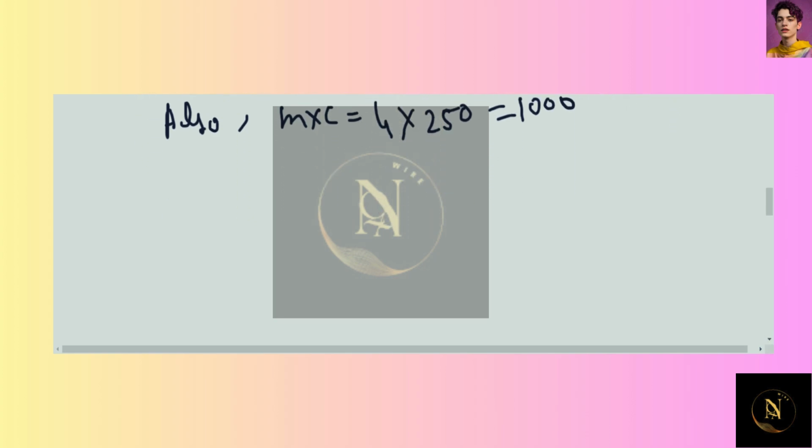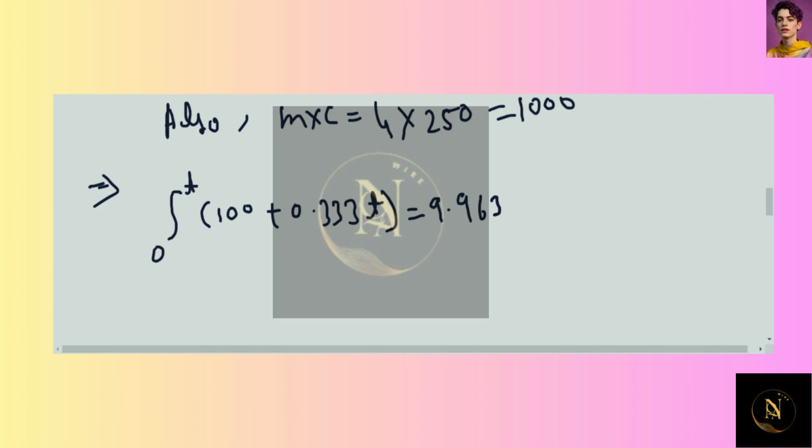Thus we have now the integral from 0 to t of 100 plus 0.333 t equal to 9.963 multiplied by 1000 equal to 9963.